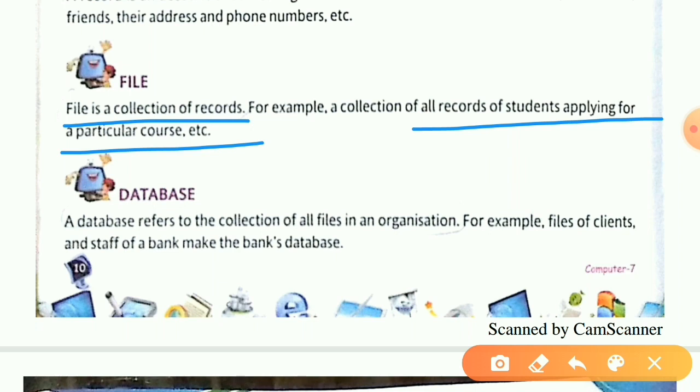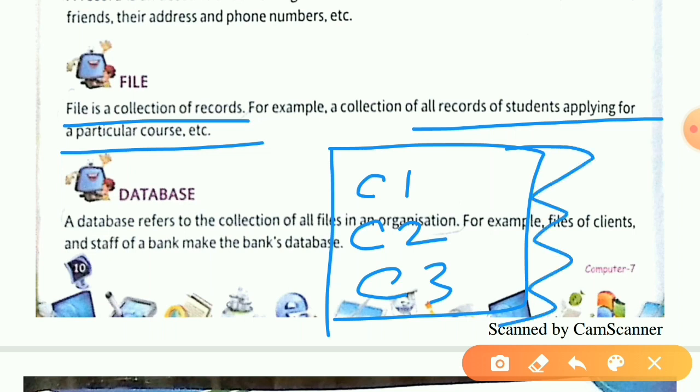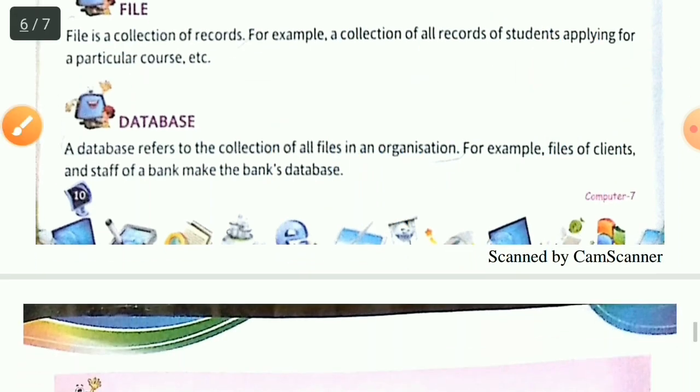Likewise, let us assume that you have your copy, and in that copy you have written the exercise portion of chapter number 1, chapter number 2, as well as chapter number 3. Now there is a collection of records that you are holding in your notebook, and this is basically a file.